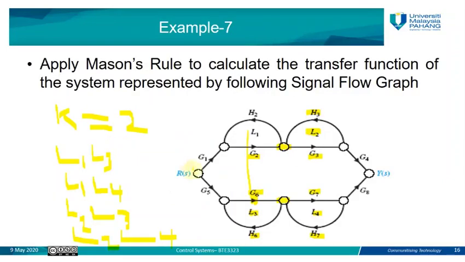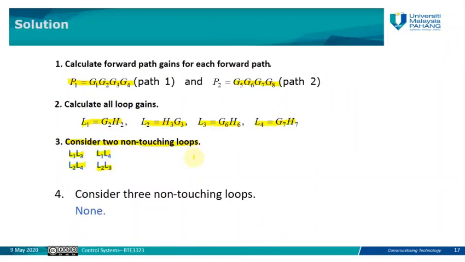If you go to the figure here, L1, L3 means G2H2 times G6H6. So the summation covers L1L3, L1L4, L2L3, and L2L4. We have 2 non-touching loops to each other.